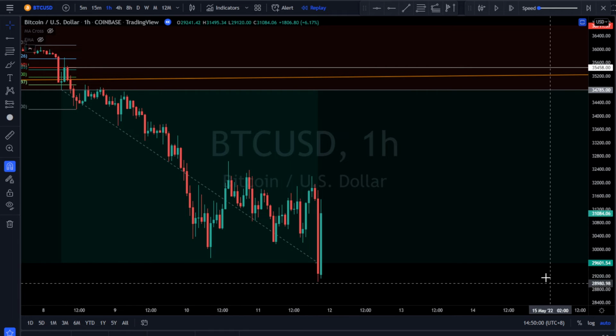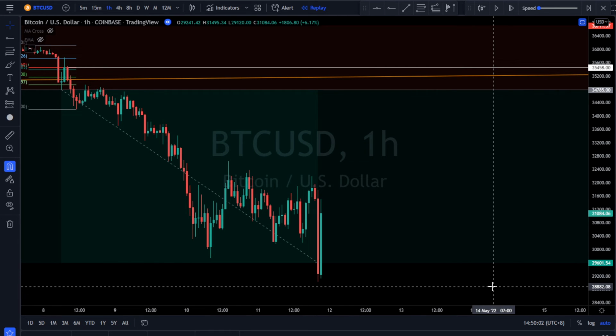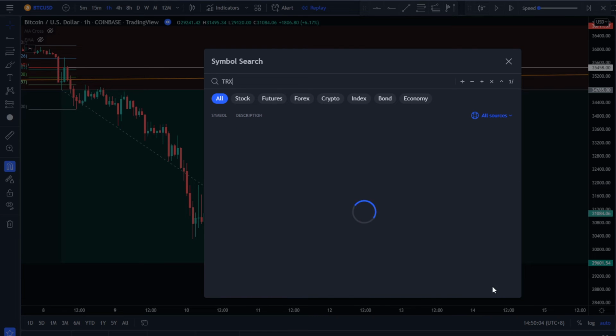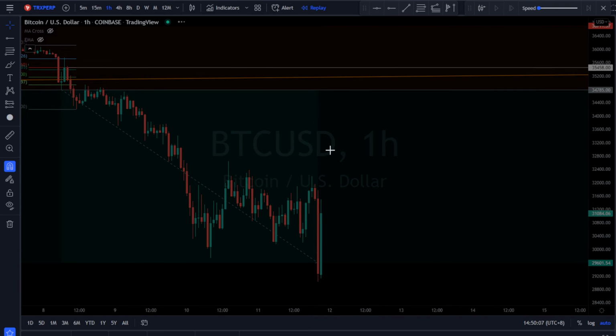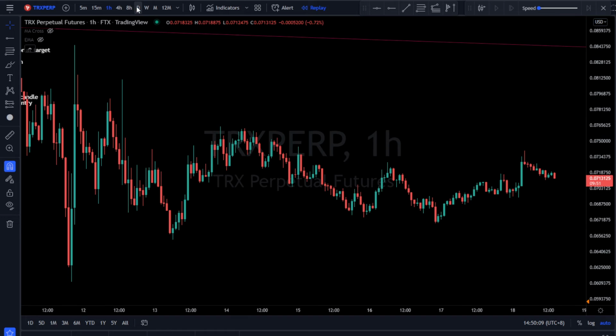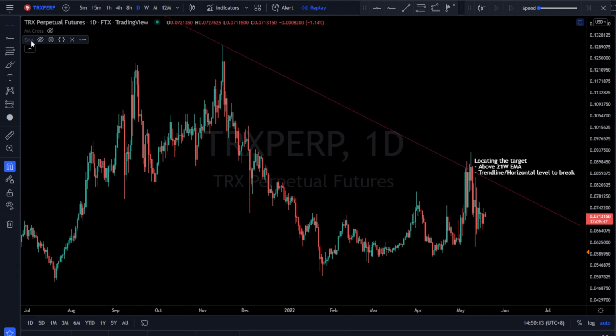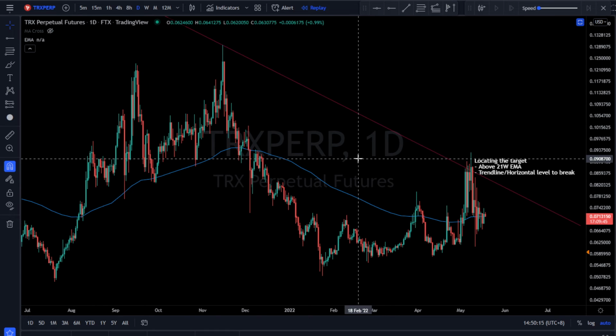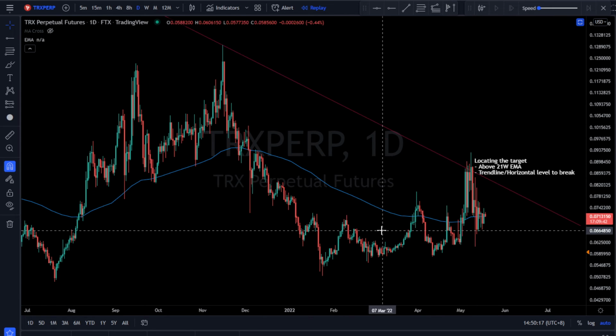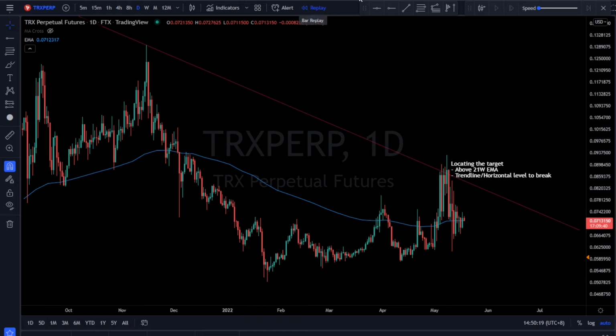Now lastly, let's go to a trade that didn't work out. This was TRX. Same thing, locating the target. We got price that was above, let's make it clearer.